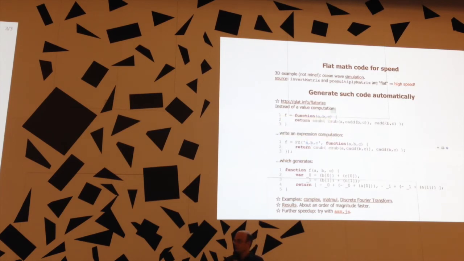And in C, I observed a big speed up as well. A rule of thumb is you gain about an order of magnitude in JavaScript if you do this optimization. And if you do it in C, you get, again, an order of magnitude.